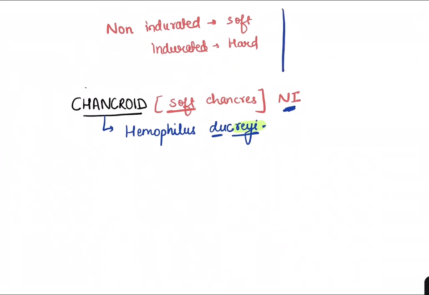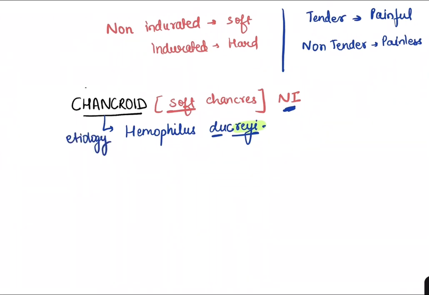There is one more term, tender. Tender means painful, and non-tender means painless. Chancroid is caused by Haemophilus ducreyi, "do cry", it makes us cry.